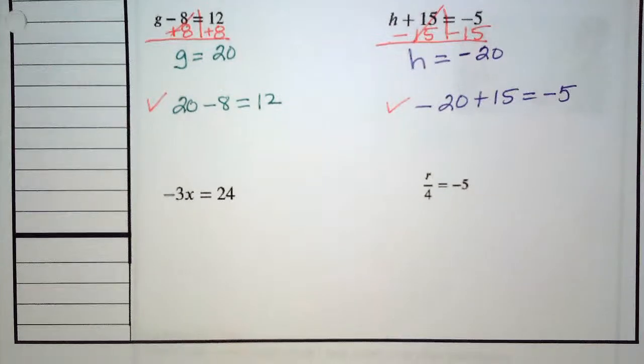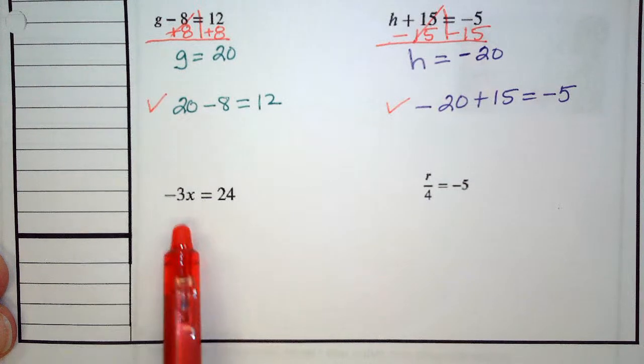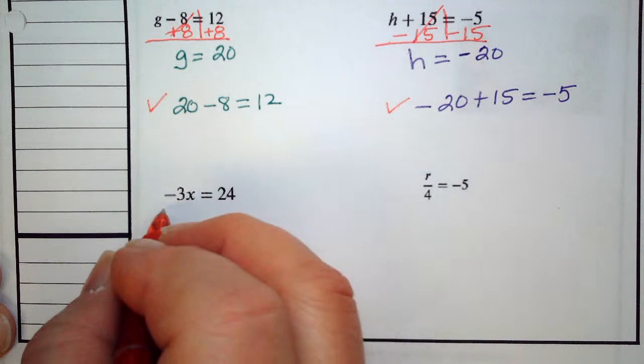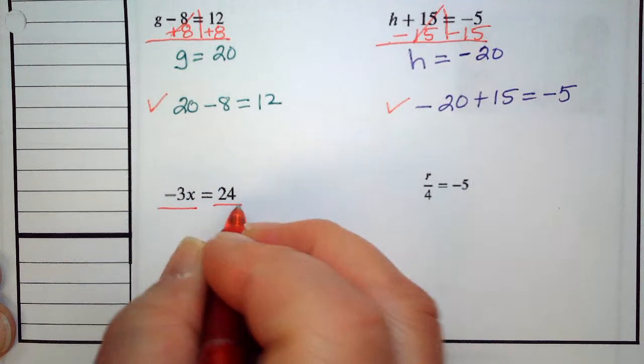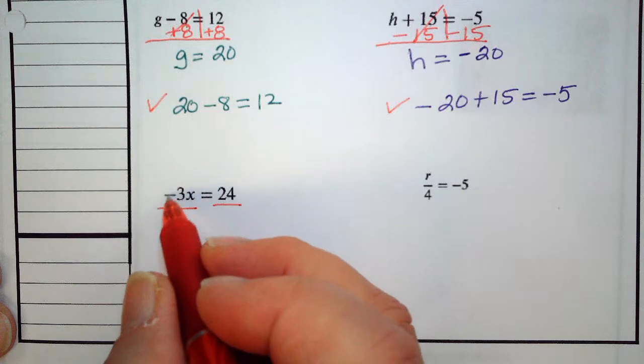Okay, what happens here? I'm taking some number, I am multiplying by negative 3, and I end up with positive 24. What is the opposite of multiplication? If you said division, you would be correct. Now, I used the whole number in front of x.